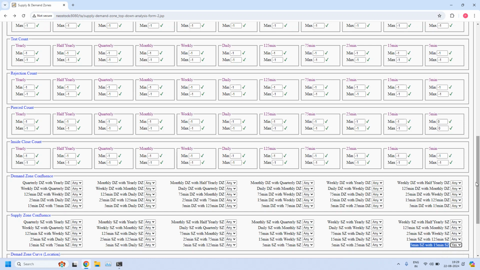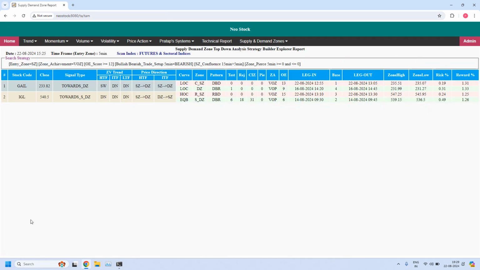It's enabled. Now let's filter. So out of 3 stocks, these 2 stocks are having confluence with even 15 minutes time frame. And moreover, both the supply zones are having high liquidity zones. And also they have good RR there.